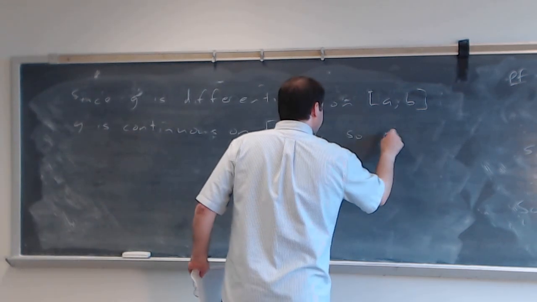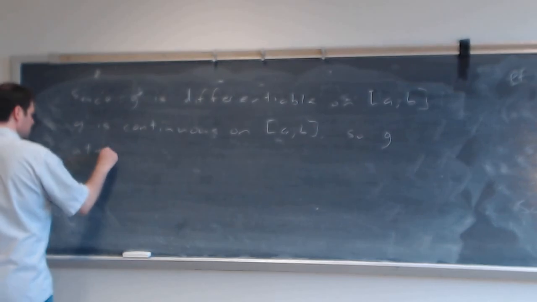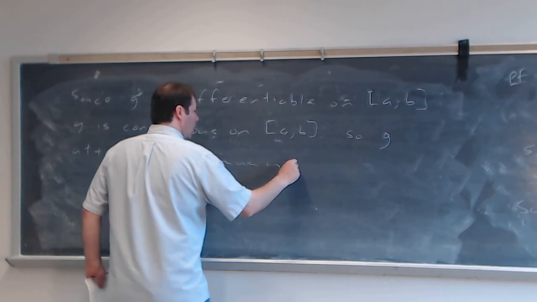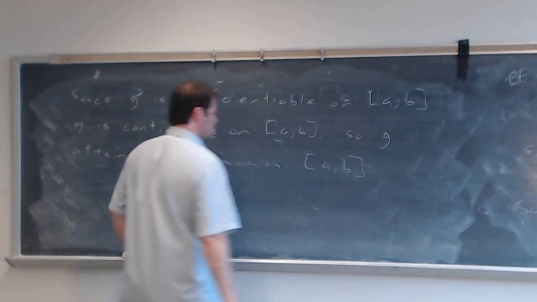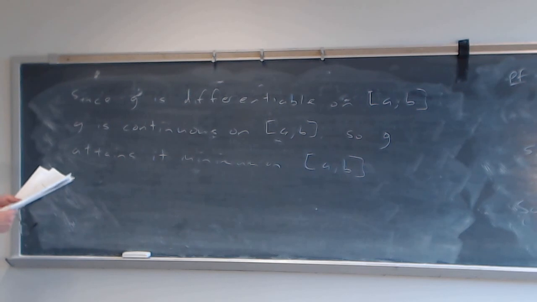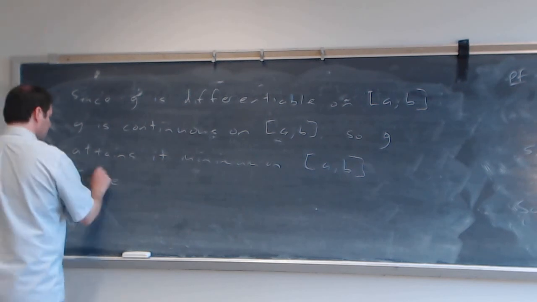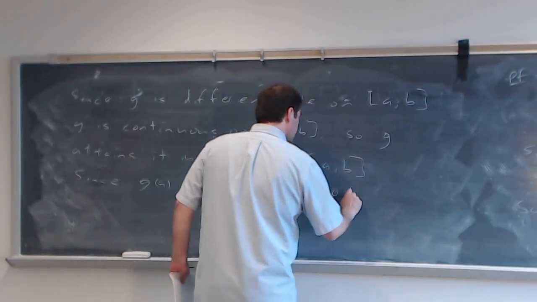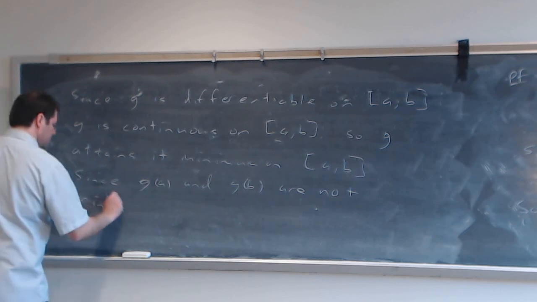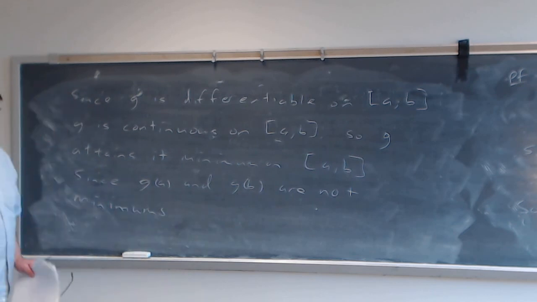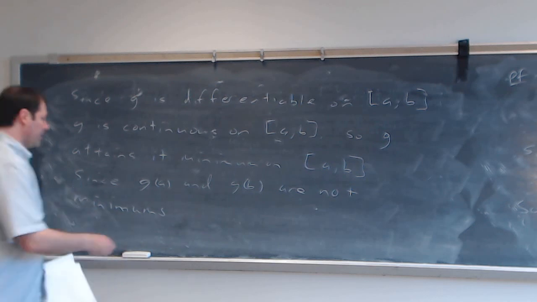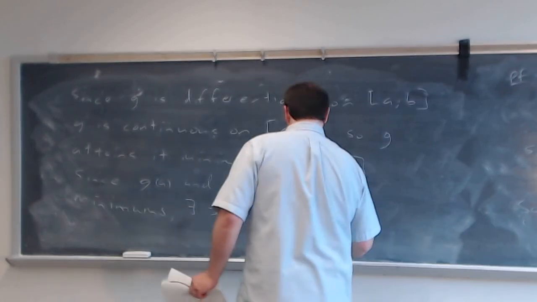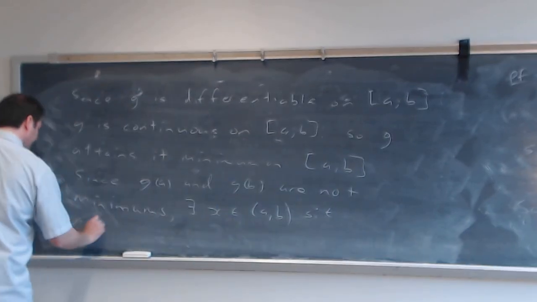So that means g attains its minimum on A to B. Since g of A and g of B are not minimums, and that's what that previous work showed, then there exists an x element of the open interval A to B such that g of x is a minimum.